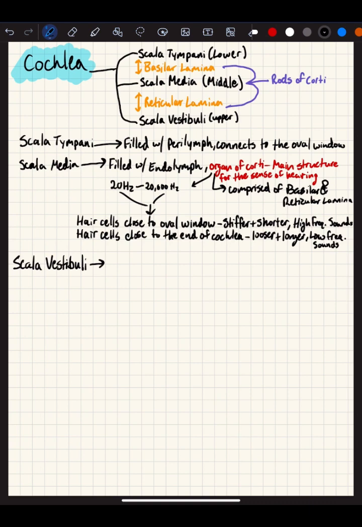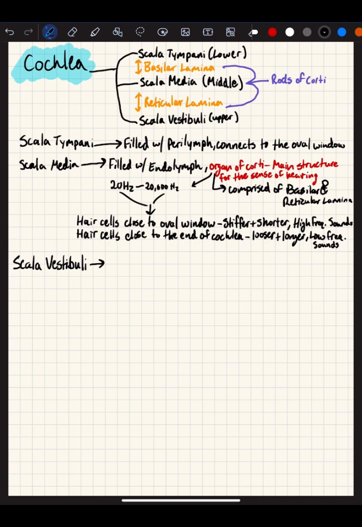It's kind of like their outer borders. The scala media is the most important part. These help with sound transmission and propagation of sound vibration waves. But at the end of the day, out of the scala tympani, scala media, and scala vestibuli, the scala media is going to be the most significant one.